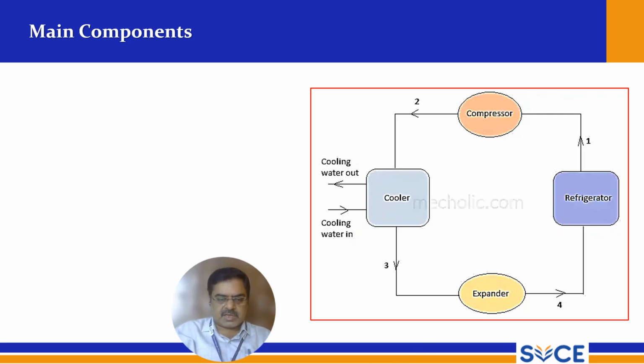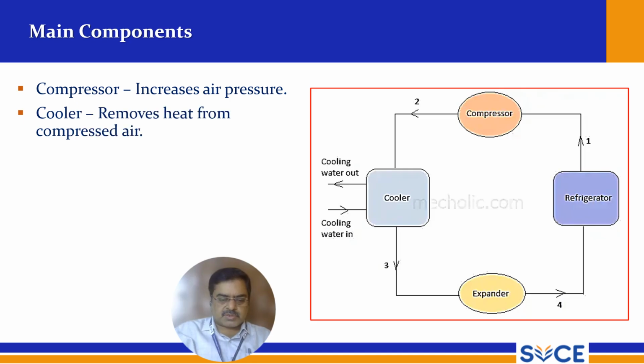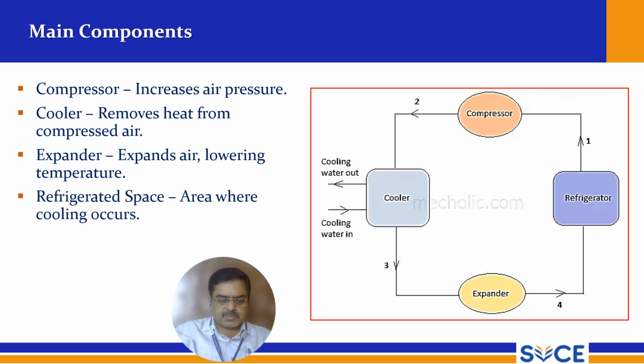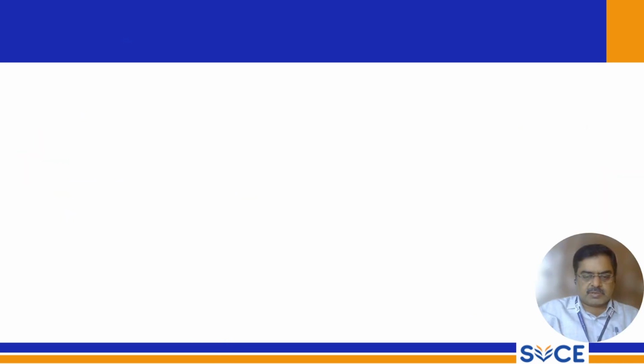So this is the cyclic process, and the main components here are, obviously, the compressor, which increases air pressure. The cooler removes heat from compressed air. The expander expands air, lowering temperature. The refrigerated space is the area where cooling occurs, and the dryer removes moisture to prevent frost formation. So these are the components used in all cycles.